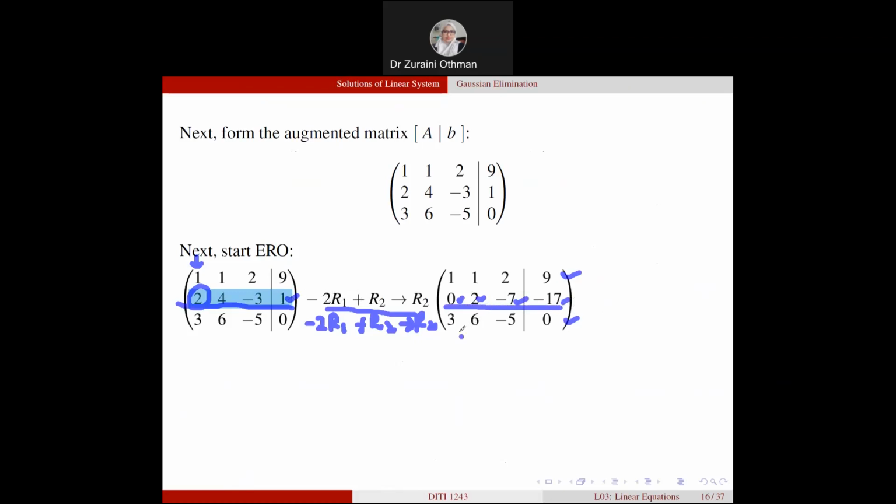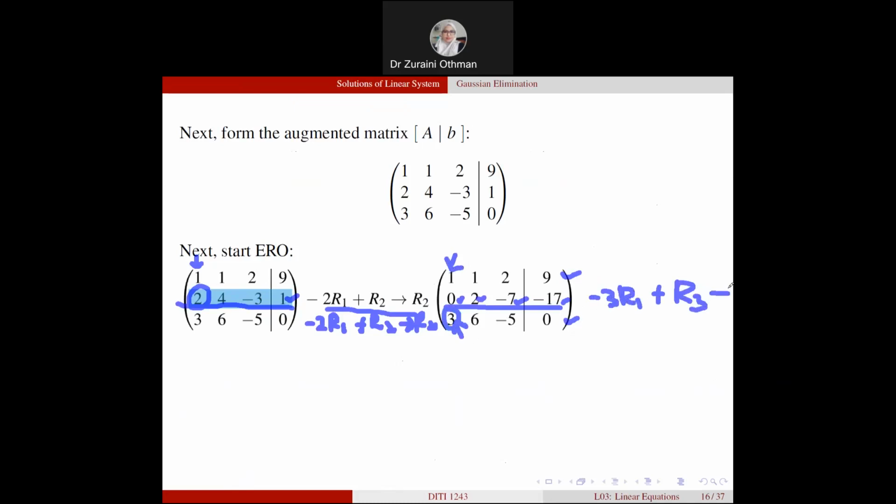So now focus on the third row element. We want to change it to 0. Okay, the formula here, if we want to change it, it becomes negative 3 plus, okay, 3 is in row 3, right? So row 3, so negative 3 refers to the diagonal element 1 here in row 1.